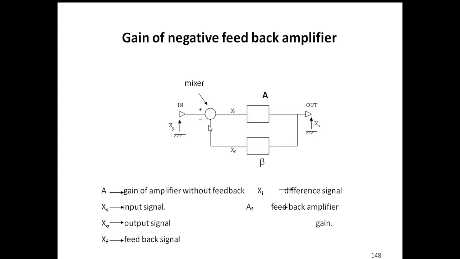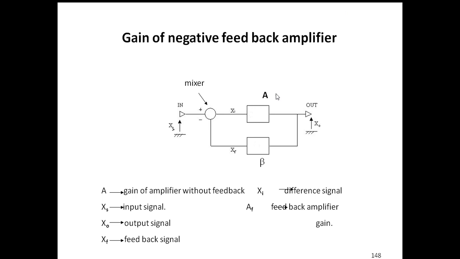Therefore, this is plus and this is minus. Now this is the net input voltage. The net input voltage Xi equals Xs minus Xf, and this acts as the input.